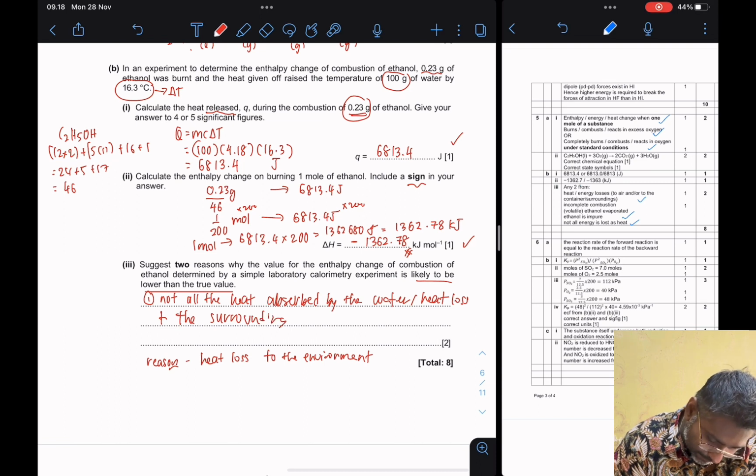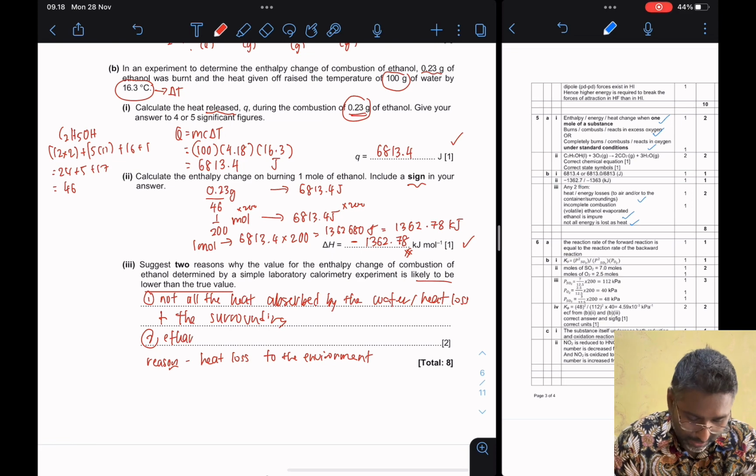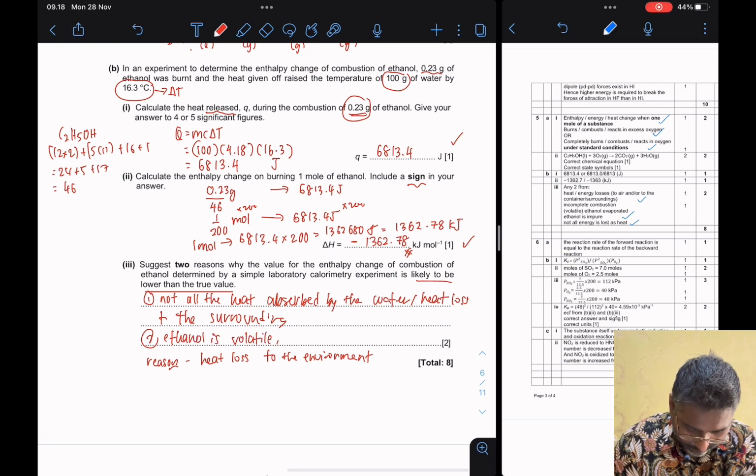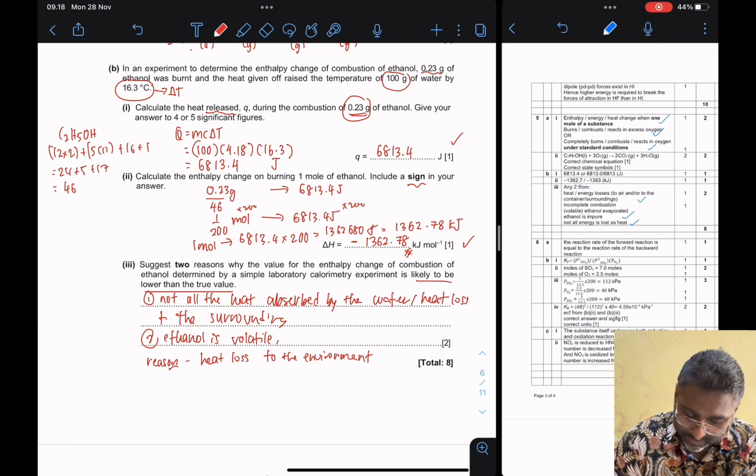That's 1 mark. Another one is you can mention that ethanol is volatile, and therefore the number of moles is actually lower.